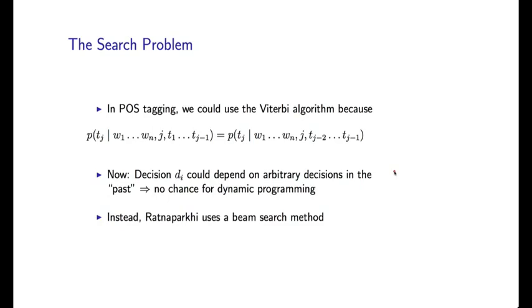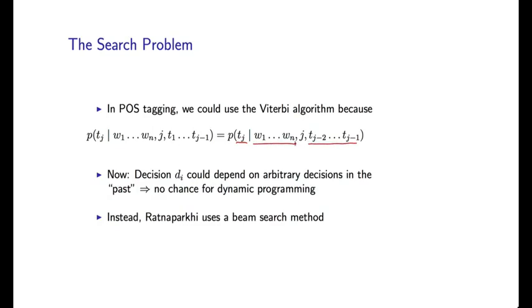Again, I'll stress that one nice thing about these models is that we can make use of quite rich representations, quite rich feature vector definitions. Now remember, in part-of-speech tagging, we made this Markov assumption that the jth tag depended only on the previous two tags in addition to the entire sentence.